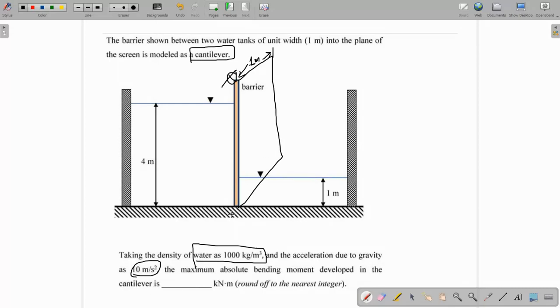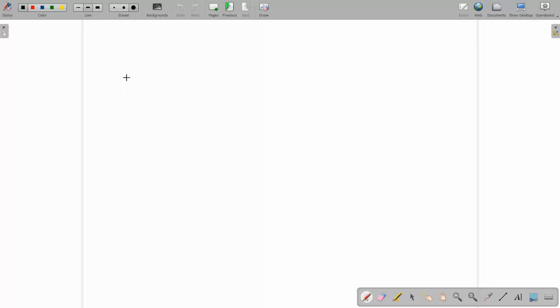Suppose this is point A, and this is the end, point B. What you have to do is find out the bending moment at this point. If I draw this barrier horizontally, it will look like this.